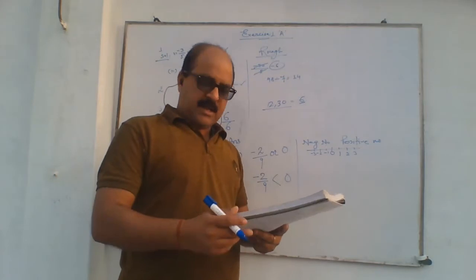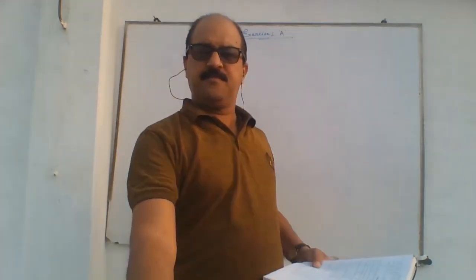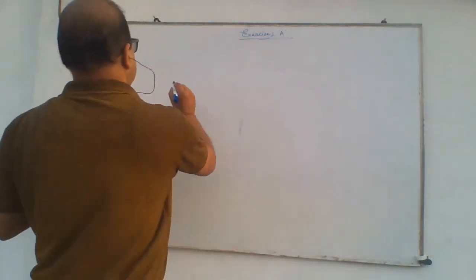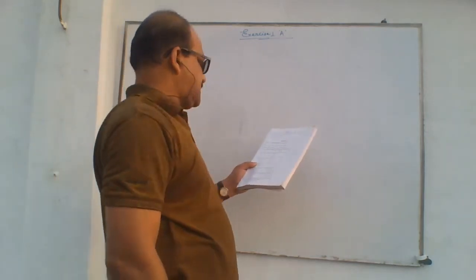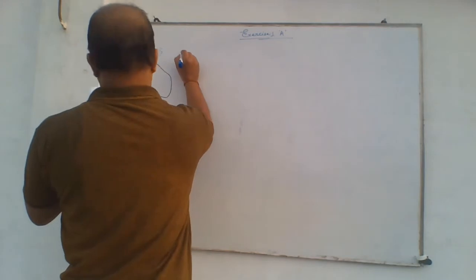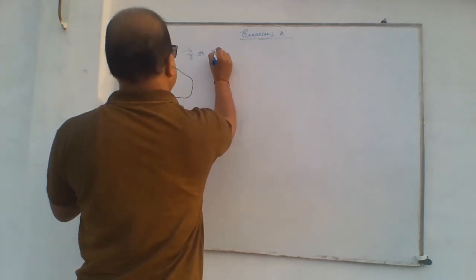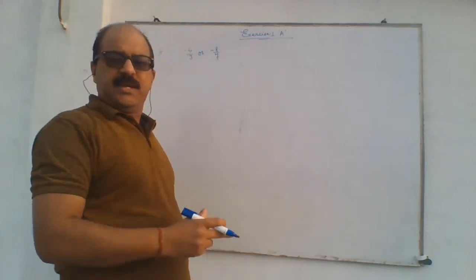So another question. Now question number 6. Which of the two rational numbers is greater in the given pair? Minus 4 by 3 or minus 8 by 7. Here, how do we find it?